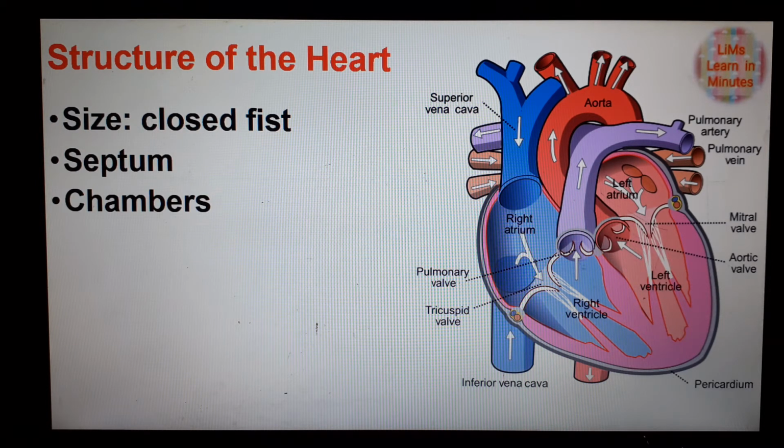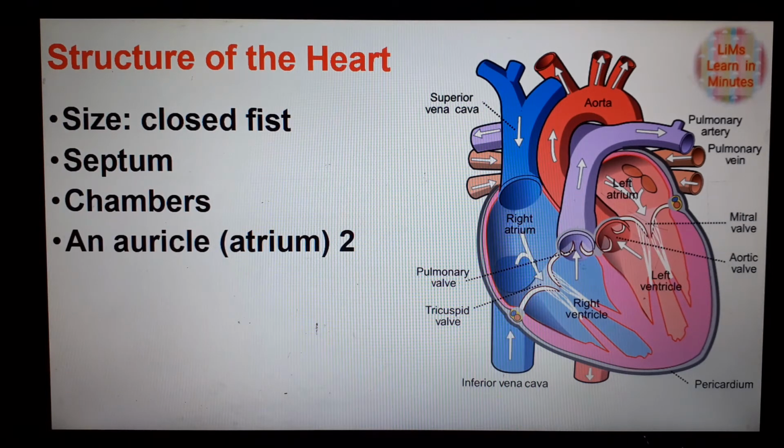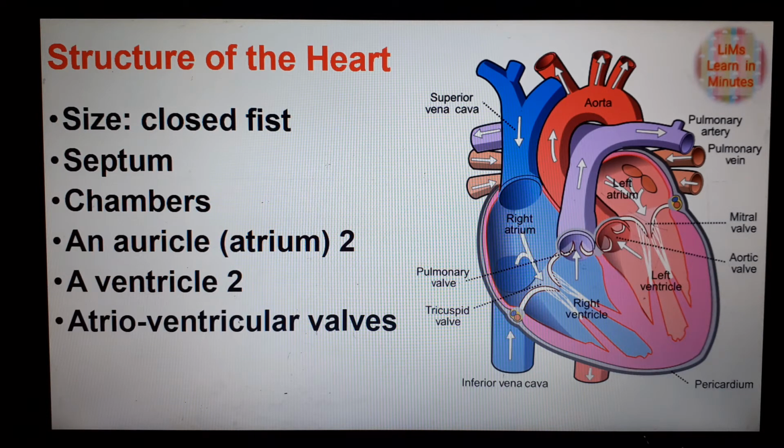The upper one is called an auricle, also known as the atrium, and the lower one is a ventricle. Thus, there are two auricles, right and left, and two ventricles. The auricles and ventricles of each side are connected by the atrioventricular valves.